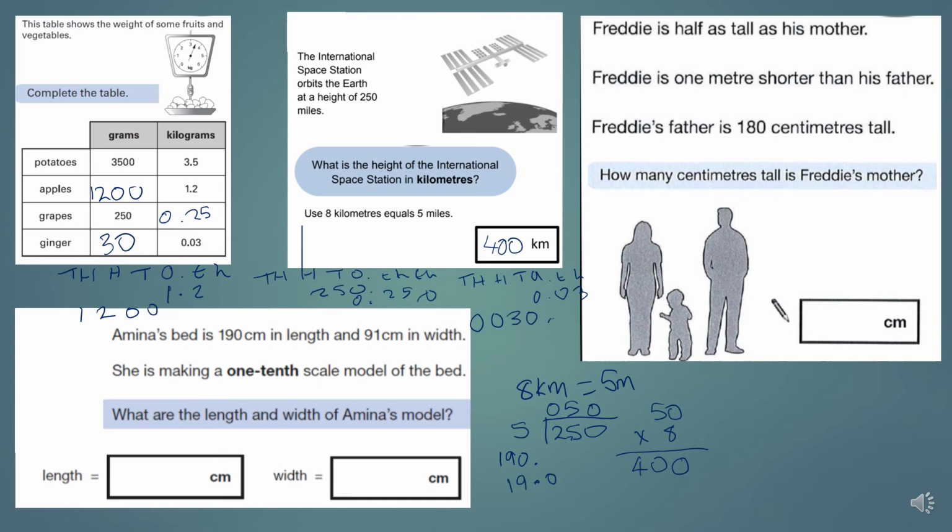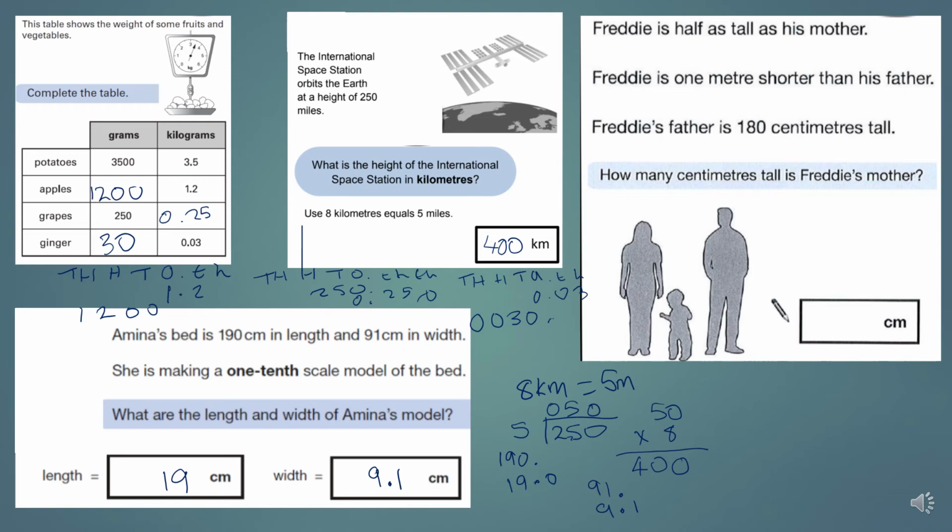So 0 is going to move to here, 9 is going to move to here, and 1 here. So the length is going to be 19, and the width, we've got 91, and everything's going to move 1 space to the right. It's going to be 9.1.